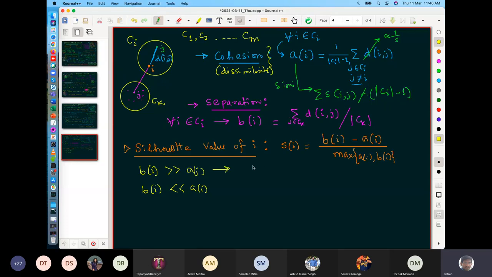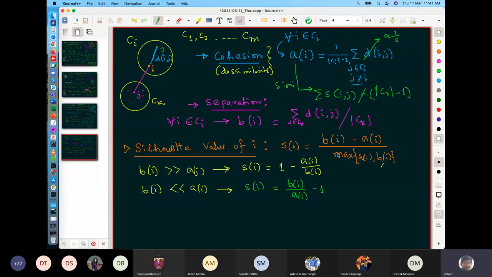So when b_i is far more than a_i, obviously this max will result in b_i, so (b_i minus a_i) divided by b_i is 1 minus a_i by b_i. Agreed? When a_i is the maximum, S_i will be b_i by a_i minus 1. And obviously in the scenario where b_i equals a_i, this becomes 0.